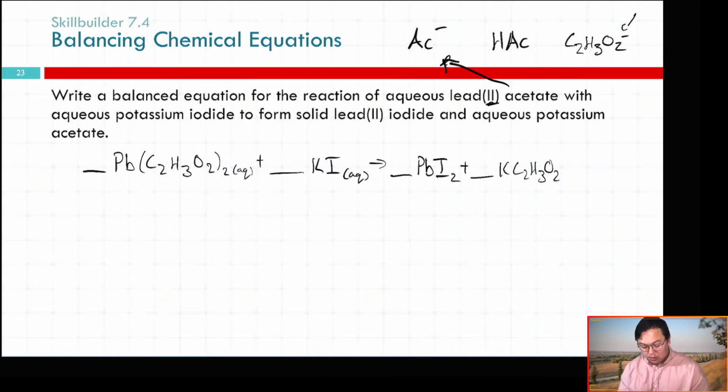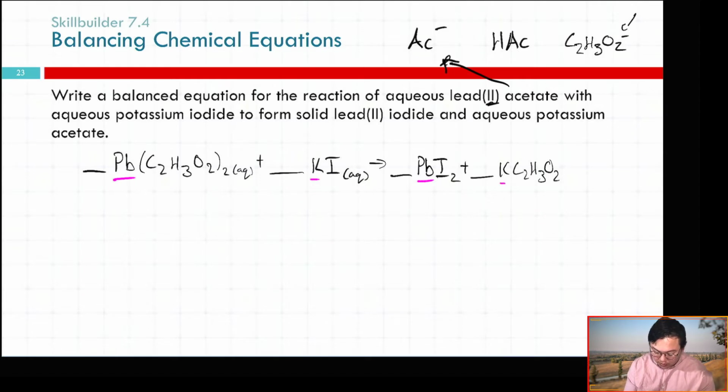So again, you can do these intuitively and just start throwing coefficients in and balancing things and try to figure it out as you go. You can also follow the steps. Do we have anything that exists only in one compound? Lead is only in one compound on the left and right. Lead is only here and here.